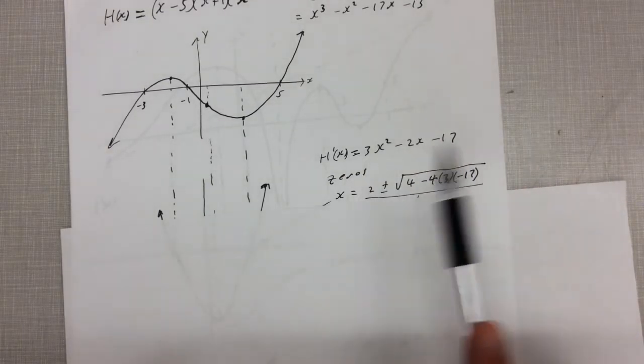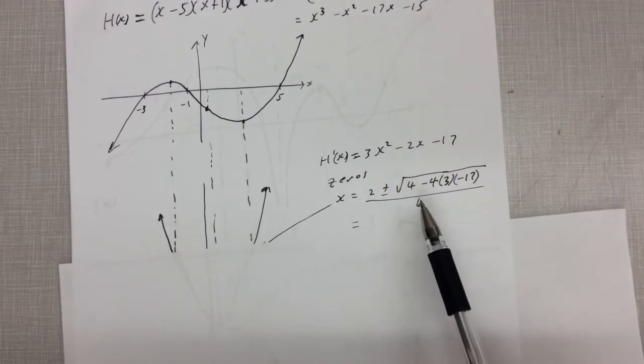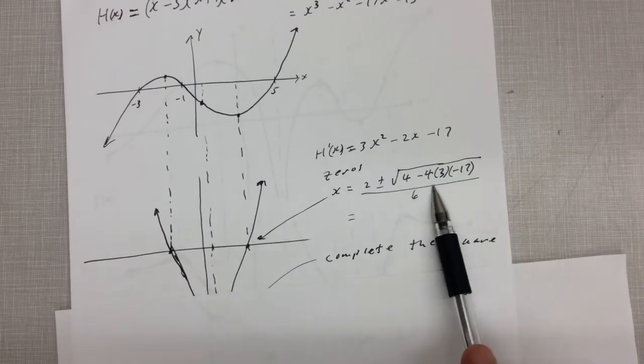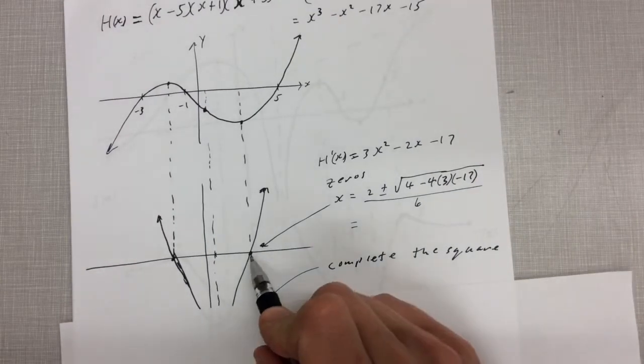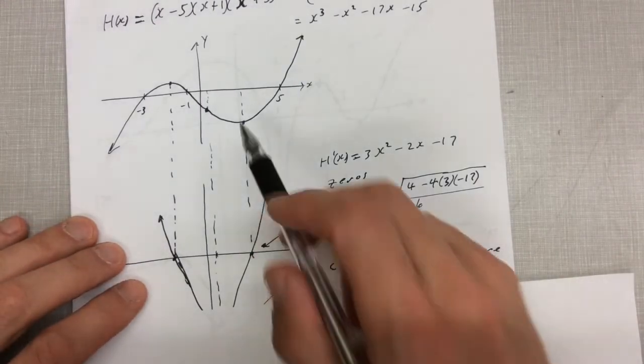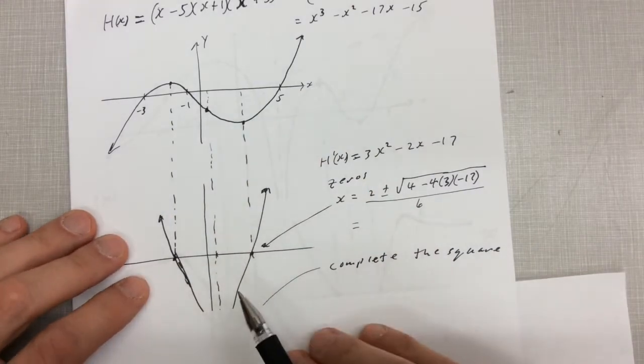Set it to 0 to solve. You could try to factor it, probably won't factor, so I'd use the quadratic formula in this one. Okay, use the quadratic formula, and basically that's what you got to plug it into to find these two values. I'll let you find those values. Okay, so that's where there's a min and max of the original function, where the derivative equals 0.